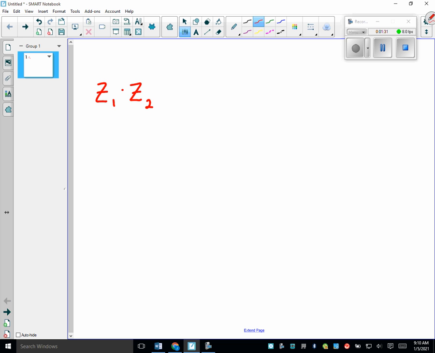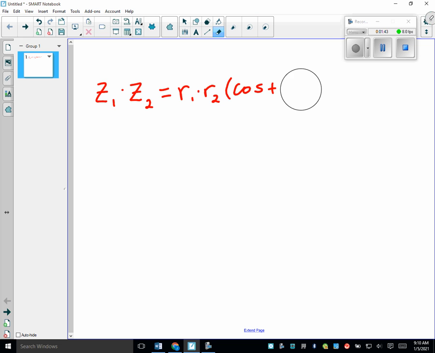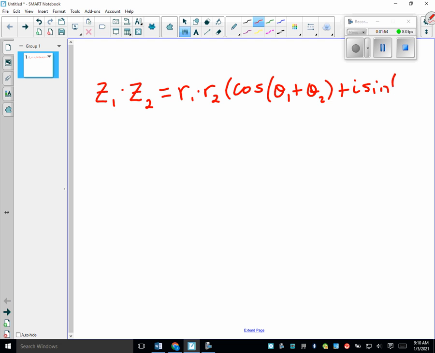When I multiply them, what I do is I multiply the r's. Oh, I forgot my angles. And add the angles. All right? I know, that's just a lot of letters.